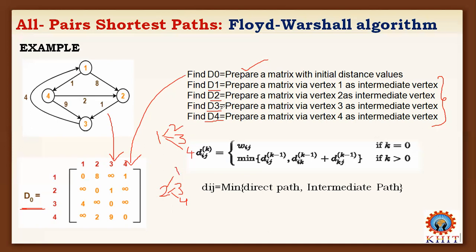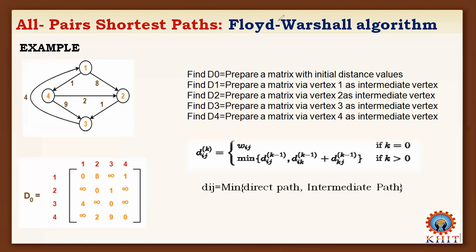If you consider D3, you need to find the distance from vertex 3 to 1, 3 to 2 and 3 to 4. If you want to find the D4 matrix, you need to find the distance from vertex 4 to 1, vertex 4 to 2, vertex 4 to 3. So in this way, you need to prepare a total of 4 different matrices.